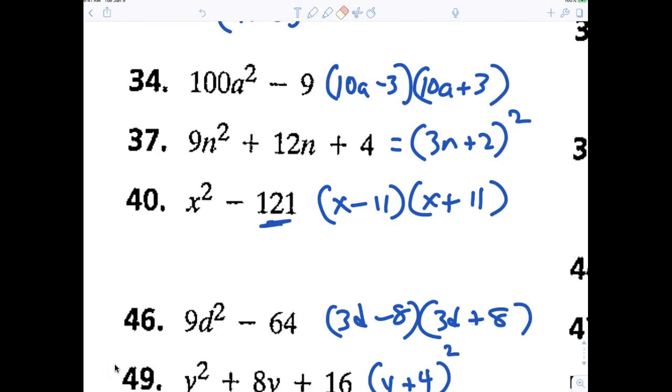Can you see if I asked you about this? 3n plus 2 times 3n plus 2. 3n times 3n is 9n squared. Positive 2 times positive 2 is positive 4. 6n plus 6n is 12n.